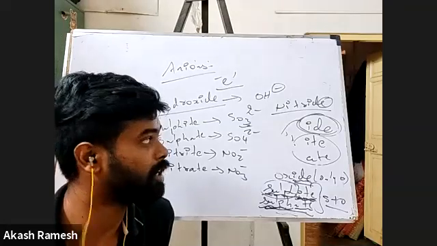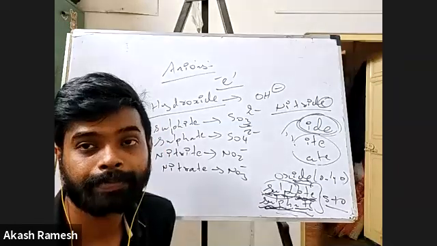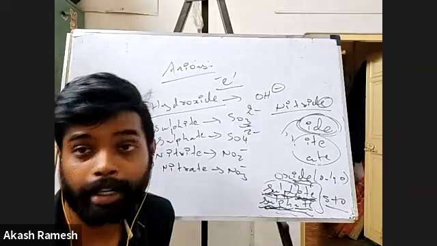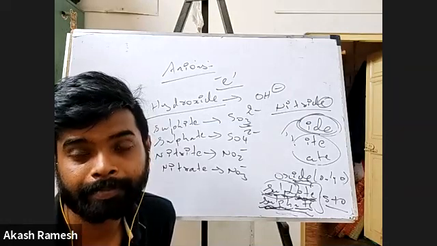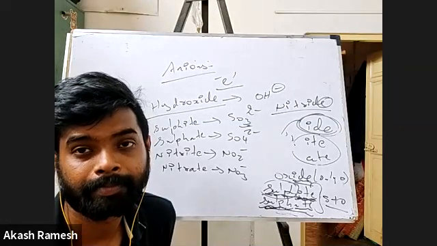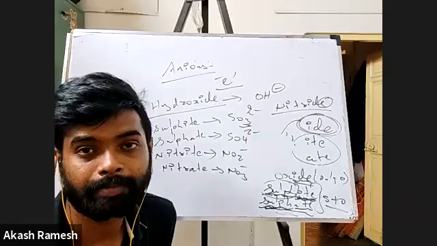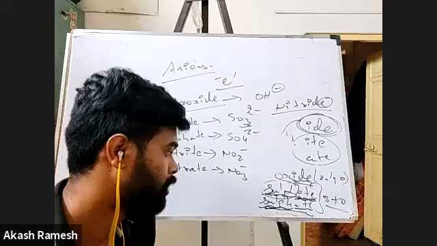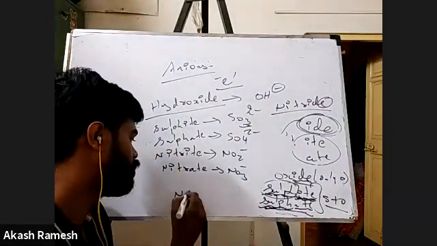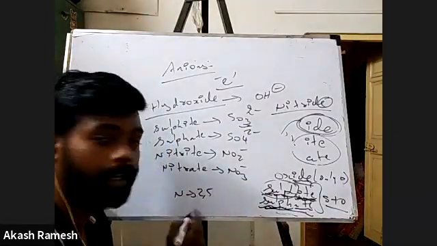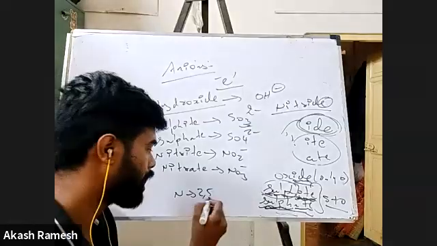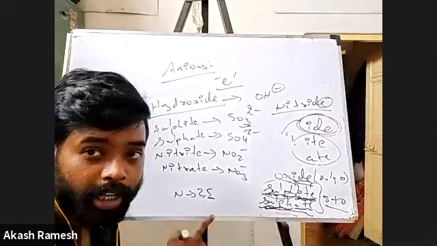Yes, what is the charge for nitrogen? Nitride, what is the ion? N3 minus. Absolutely correct. So again, nitrogen has electronic configuration 2, 5, and atomic number 7, so I have to add 3 more electrons to satisfy its octet.